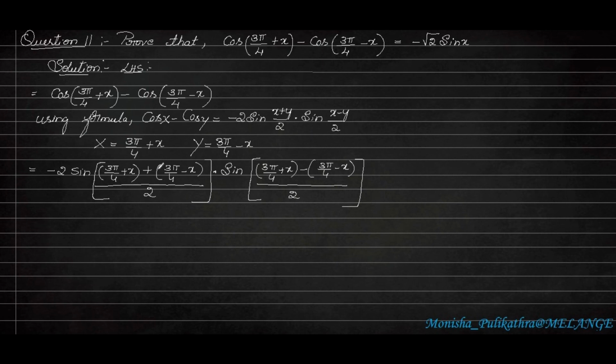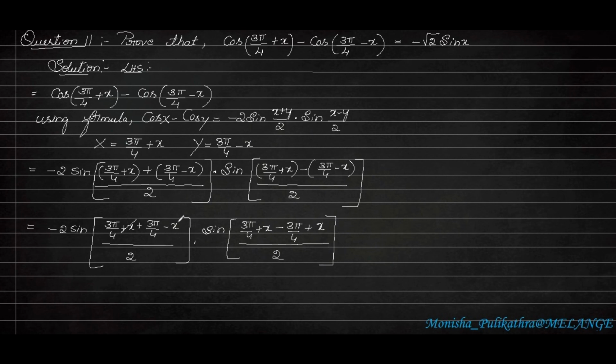Next, we have to take out the elements from the bracket. So minus 2 sin((3 pi by 4 plus x plus 3 pi by 4 minus x) whole divided by 2). For the second term, I'll be taking the sign outside the bracket, so it will become minus into plus minus 3 pi by 4 and minus into minus plus x, whole divided by 2.